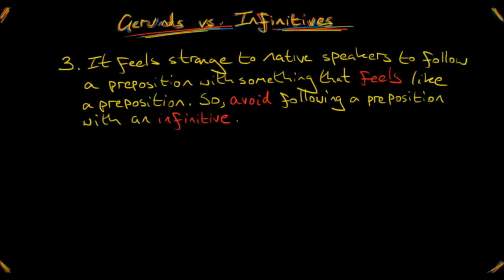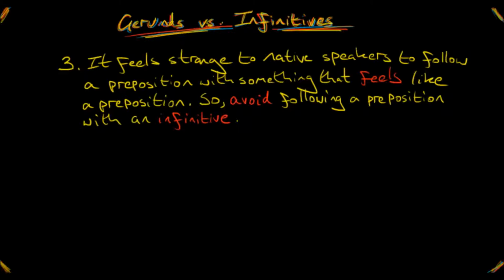So avoid following a preposition with an infinitive. As I mentioned before, infinitives are composed of the preposition to plus the base form. But when they come together as an infinitive, they're no longer a preposition and a base form. They are one unit called an infinitive.